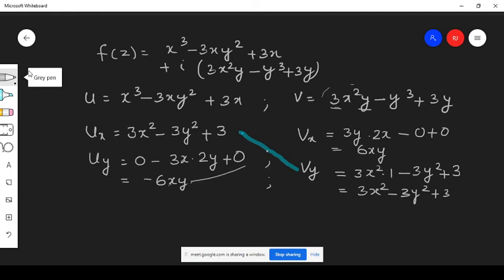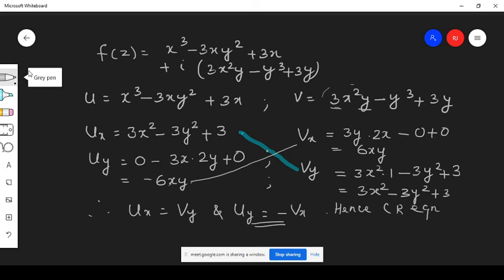What is the difference between them? Only the negative sign. So uy is negative 6xy and vx is 6xy. Therefore ux is equal to vy and uy is equal to minus vx. Hence the Cauchy-Riemann equations are satisfied.